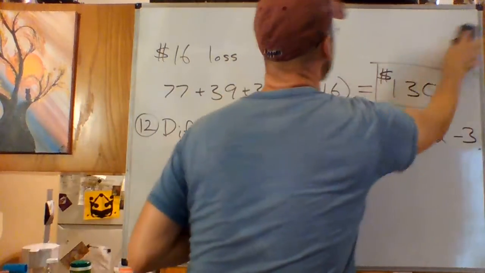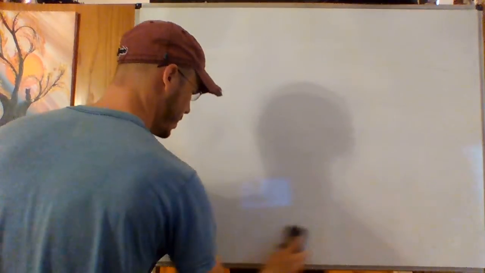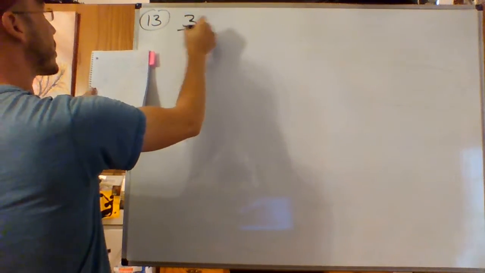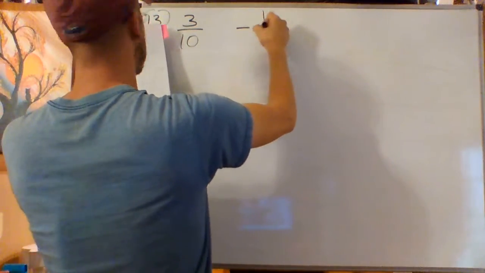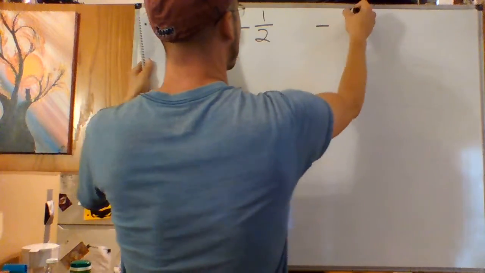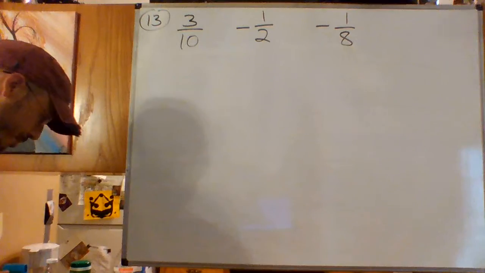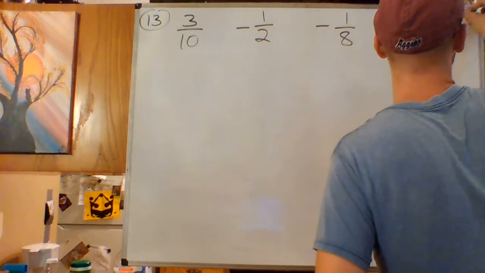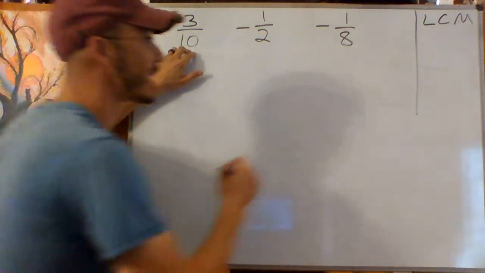Number 13, they gave me another fraction problem, this time without a common denominator, so I'm going to write it with some spaces so I can modify these expressions. Over here, I'll do a little bit of stuff with my LCM. The factors in my denominator here are 2 and 5.